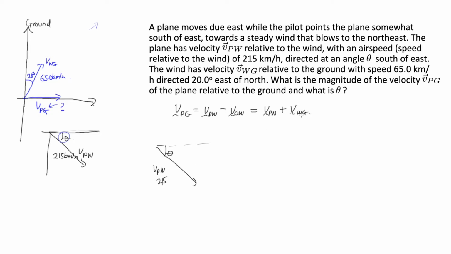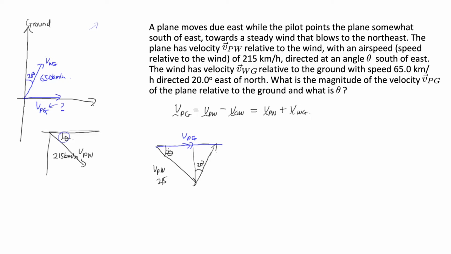And then we're adding head to tail the velocity of the wind relative to the ground. So that goes up like this. And we know this angle here is 20 degrees. And we know that the velocity of the plane relative to the ground, which is the resultant, is easterly. So that's the resultant there. And that's the velocity of the plane relative to the ground.